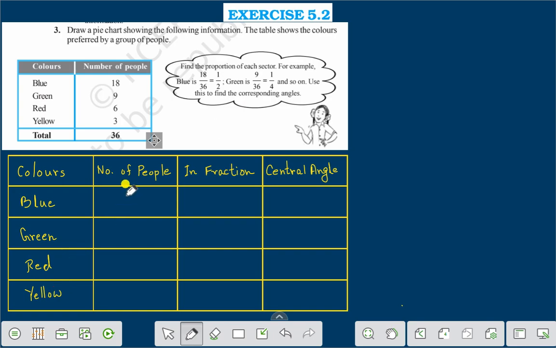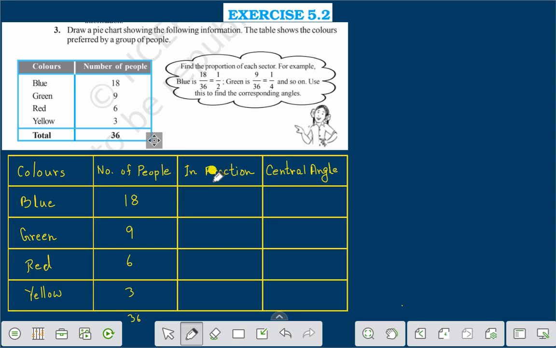See, number of people is 18, then it is 9, that is 6, it is 3. And total number is 36. This is total. Right? Then fraction.